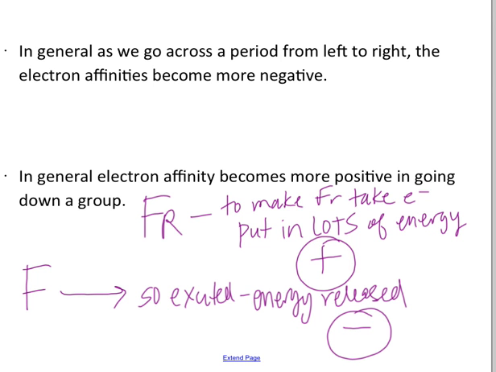So your negative electron affinities are going to be more of your nonmetals, with fluorine having the most negative electron affinity. Francium, on the other hand, doesn't want it. It's going to have the most positive because you have to force it. Okay? That's all you need to know. Does that make sense?